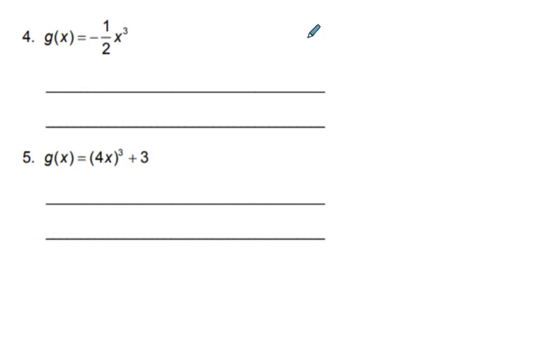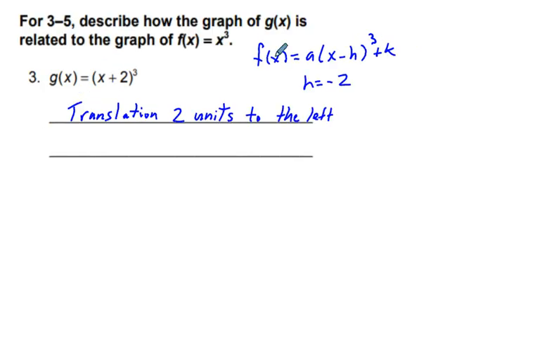1/2 x cubed. Again we have f of x equals a times quantity x minus h cubed plus k. What happens is this negative sign will reflect about the x-axis. So f of x is reflected about the x-axis, and I think it's in terms, is it not, of f of x?